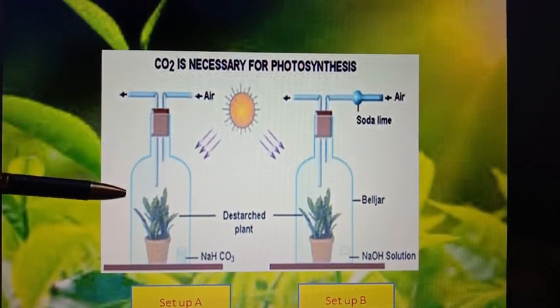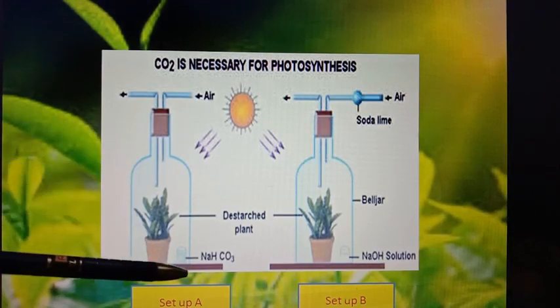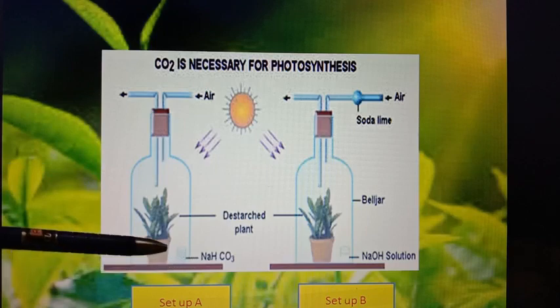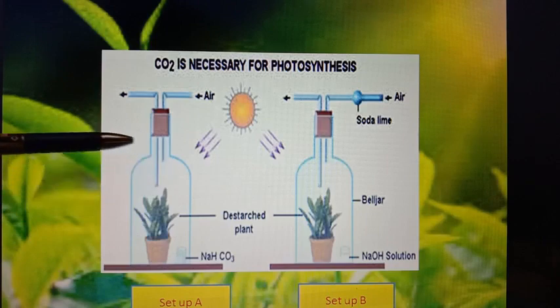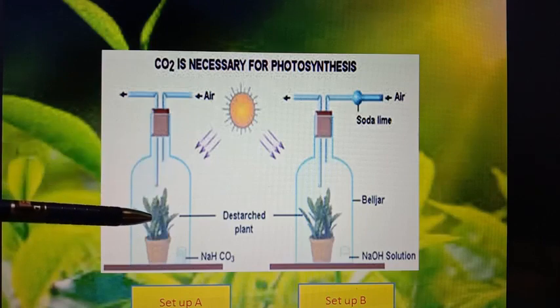For the setup A, sodium bicarbonate is present here which can produce carbon dioxide, and due to the presence of carbon dioxide this plant can perform photosynthesis.